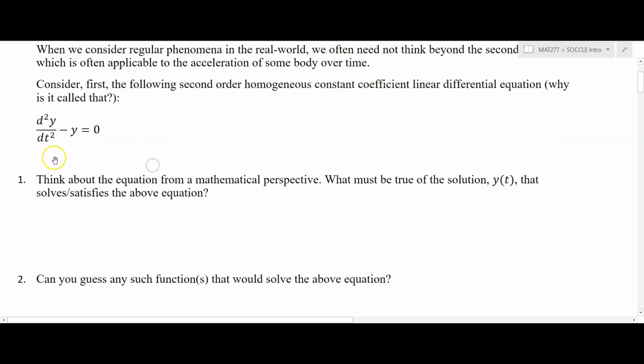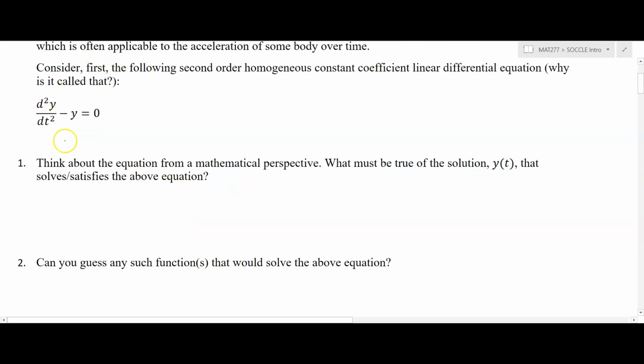So if we look at this equation and we wonder, well, how do we go about solving this? You can't really use separation of variables in the same way that we were able to with first order. But if we begin to think about what this equation is saying, it lends us insight into what the solution might look like.